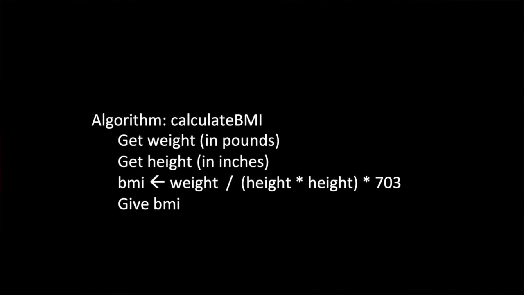And of course, those are just syntactic things, but the semantics of it are that when it says get, it really goes out and gets the value of the weight somehow, maybe from the user. When it does the assignment, it actually takes the value that's calculated and puts it in the variable called BMI. Assigning meaning to these symbols, like the assignment symbol or words like give, that's the notion of semantics.